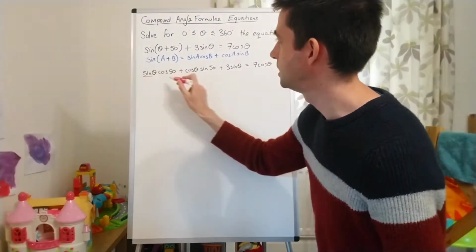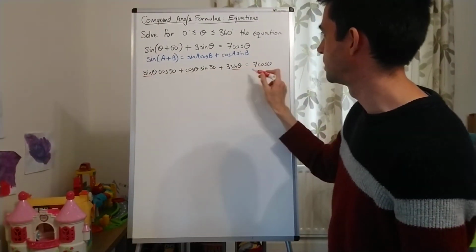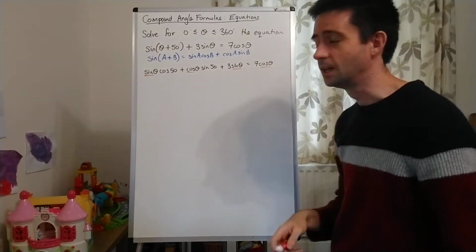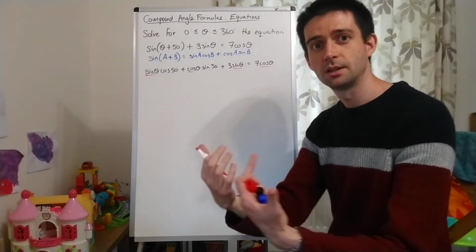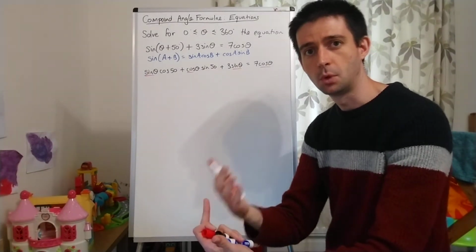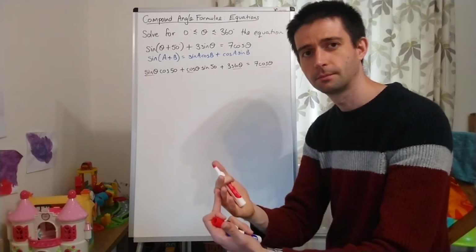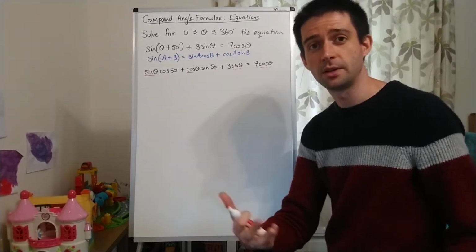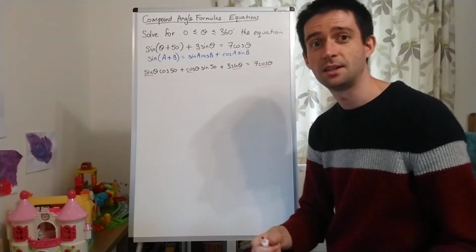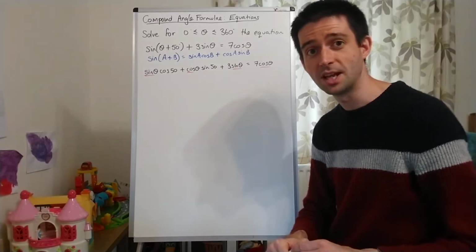Well, we've got sin θ, cos θ. Can you think of an identity that links sin θ with cos θ? Pause. Hopefully you're thinking, oh yes, sin θ over cos θ is tan θ. Could I use the tan θ identity?